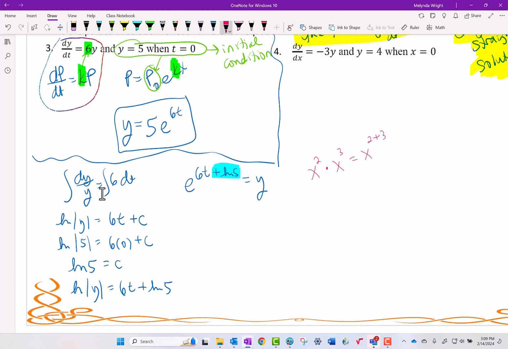Here I'm adding and I go backwards. This would be like e to the 6t times e to the ln 5. And this simplifies. Remember e to the ln 5? It collapses to be a 5. So I basically have y equals 5e to the 6t, which is exactly the same thing that I had using the formula.